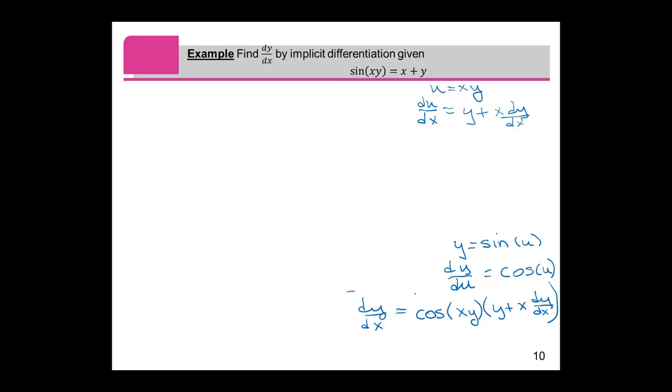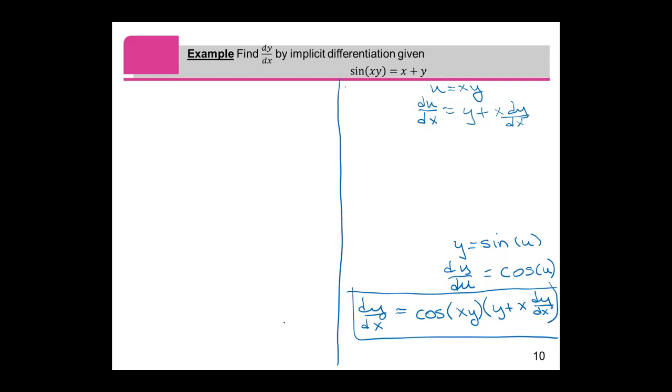So the derivative of sine of xy is equal to the cosine of xy times y plus x dy dx. And that equals 1 plus dy over dx. Good.